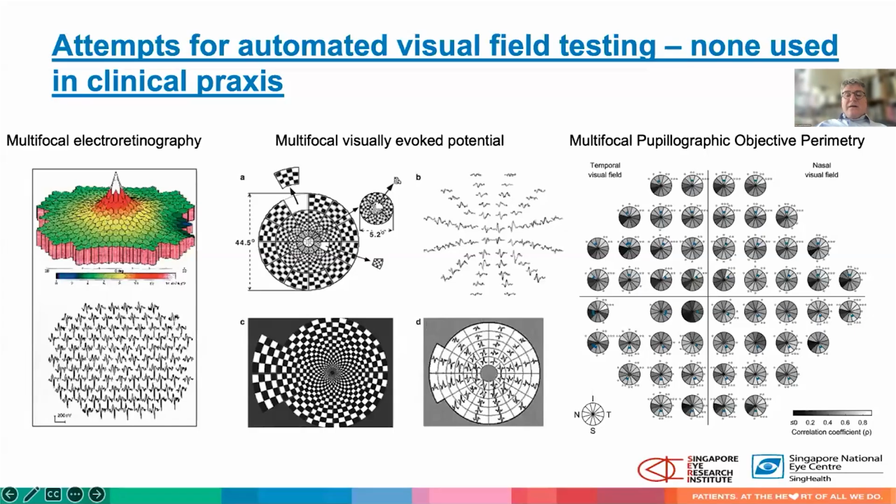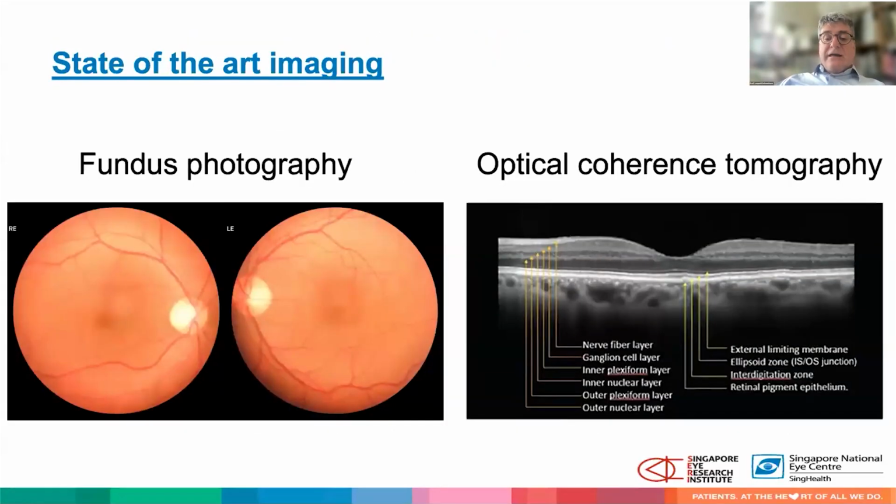And the reason why these techniques have never made it into clinics is because they are too complicated and too time consuming. Actually, we would like to have techniques that give a very, very fast assessment of the visual field. And these automated techniques do not really fulfill these requirements. So they are used in research settings, but not so much in clinics.